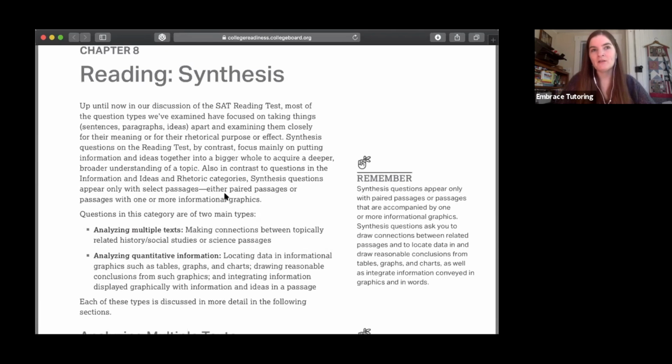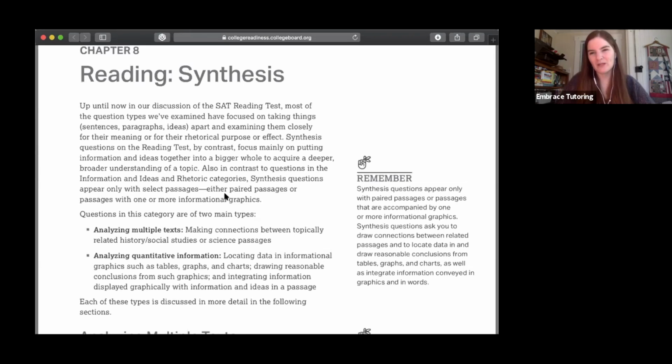because this test doesn't just ask you to interpret the data at face value. You are also considering the data within the context of the entire text, the entire passage. So that is requiring you to do a level of synthesis.